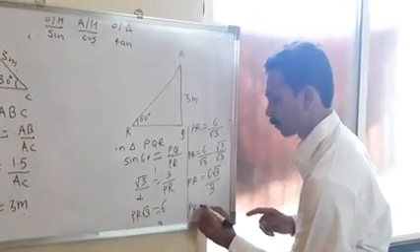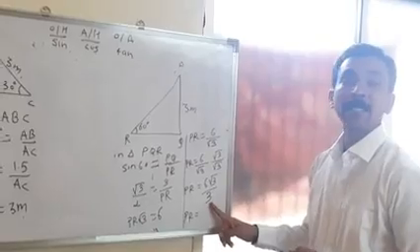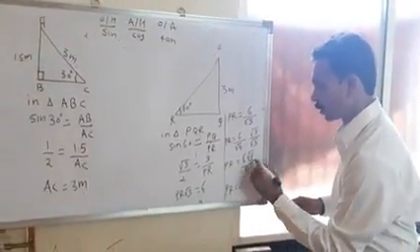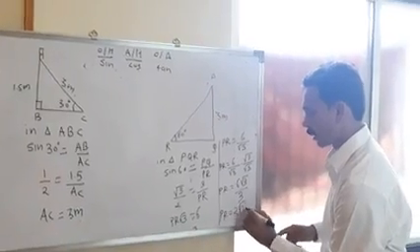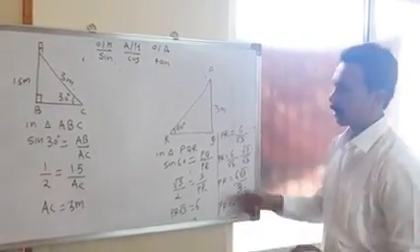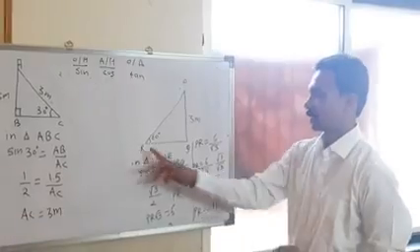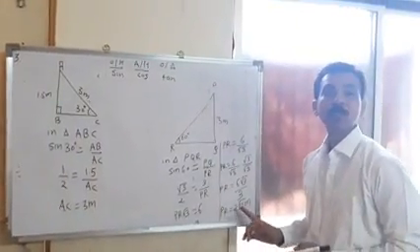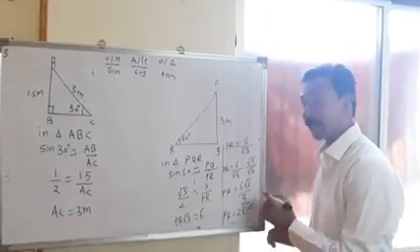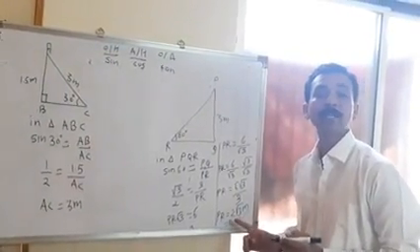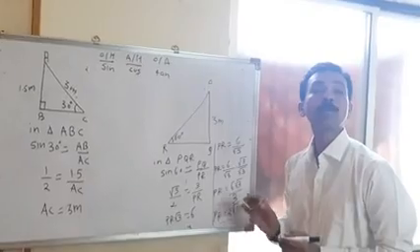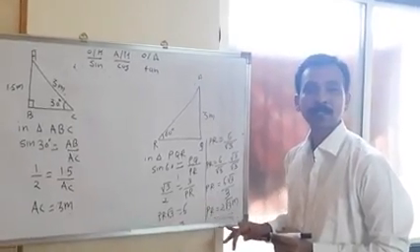Divide it, 6 upon 3 is 2. 2 root 3 meter. So the length of the slide in the second case, that is PR, is equal to 2 root 3 meter. Writing the unit is very important. If you don't write a unit, you may lose half a mark. Clear?